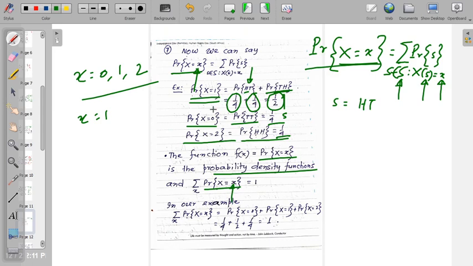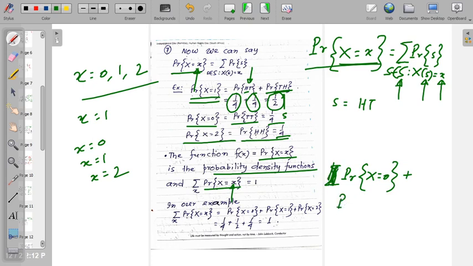Because whenever we flip two coins simultaneously, X could be 0, 1, or 2. So if I expand this summation for our application, it will be probability X equal to 0, plus probability X equal to 1, plus probability X equal to 2.